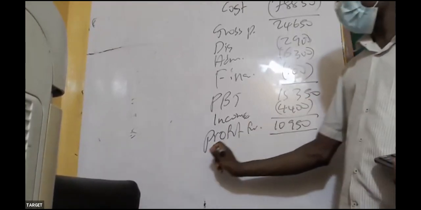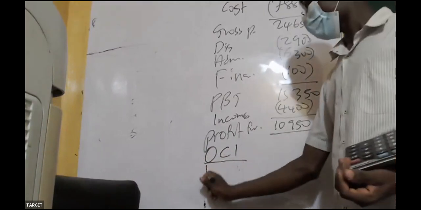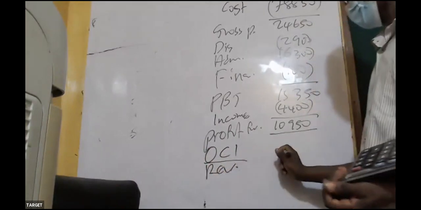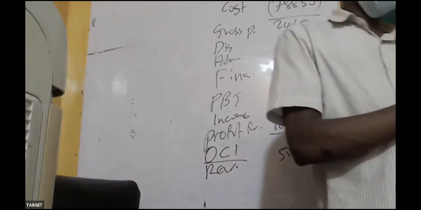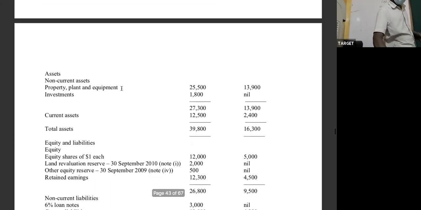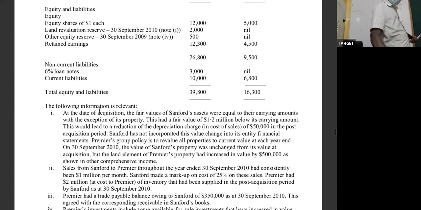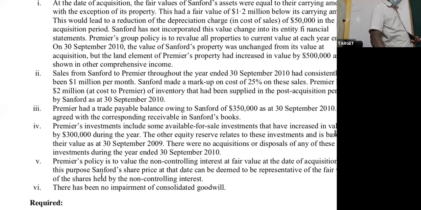So come to the other comprehensive income, OCI. Put your revaluation gain here, 500. Don't change that. Now there's a particular footnote that we read. Let's go there again. It says something very interesting: there's a fair value gain of 300.